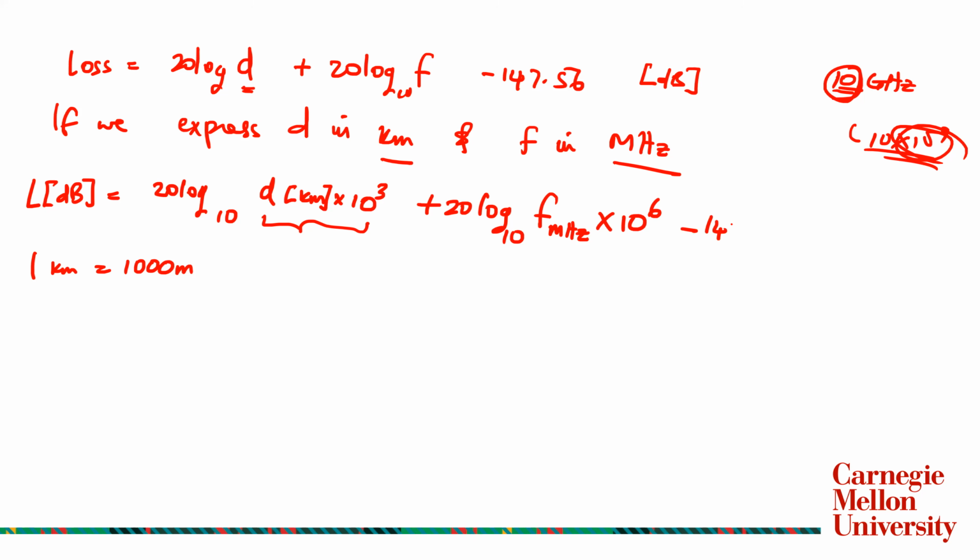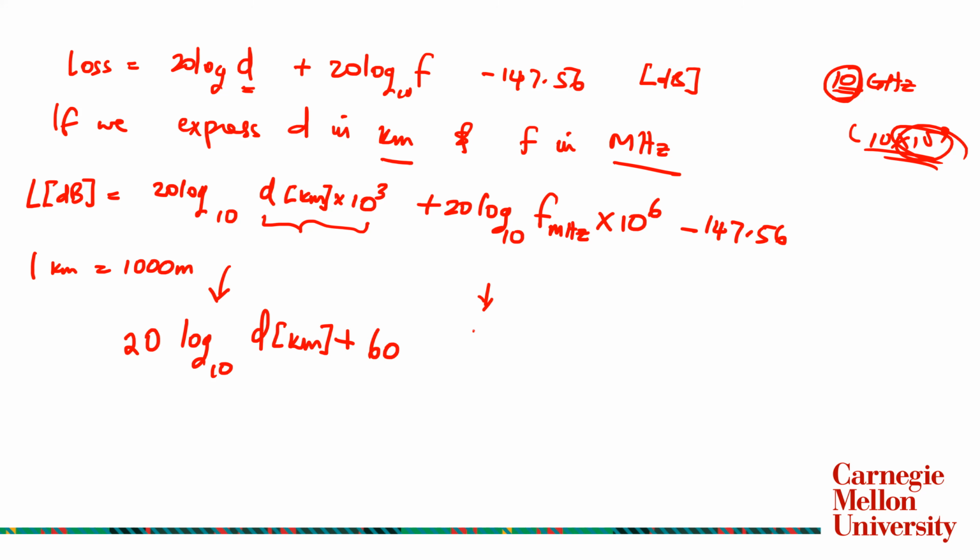Minus 147.56. So what you get here then is 20 log 10 of D, this one in kilometers, plus 60.